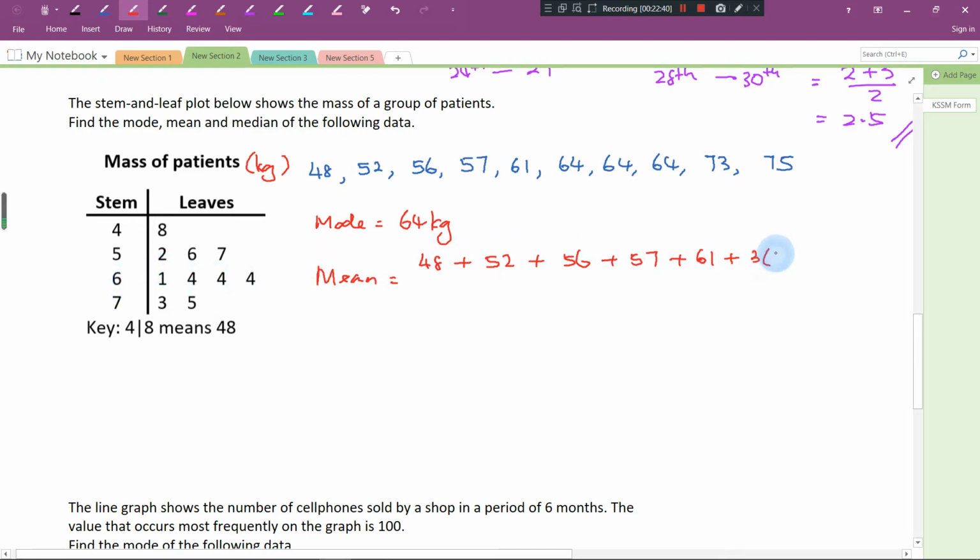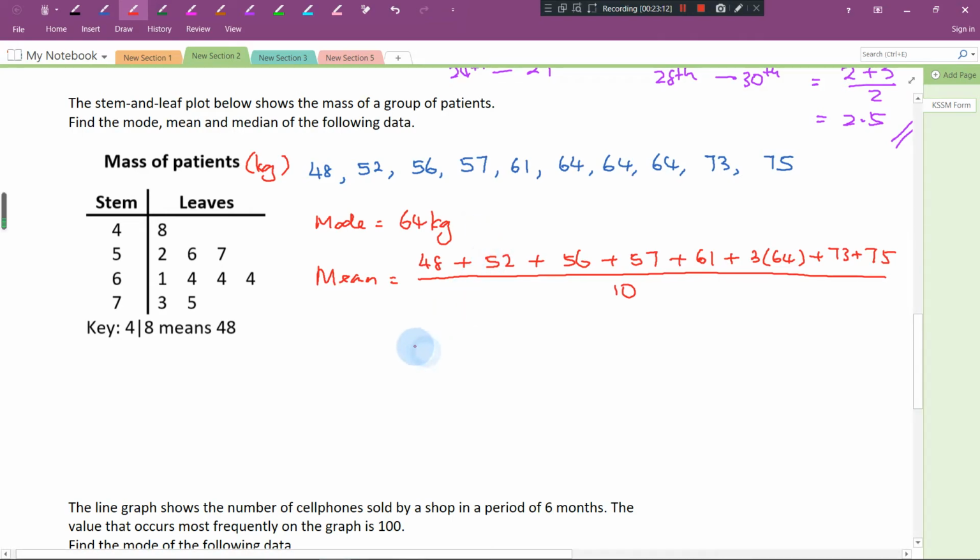You can just write 3 times 64, right? 73, 75. Okay, then divided by the total number of data, which is equal to 10. 48 plus 52 plus 56 plus 57 plus 61 plus 3 times 64 plus 73 plus 75.